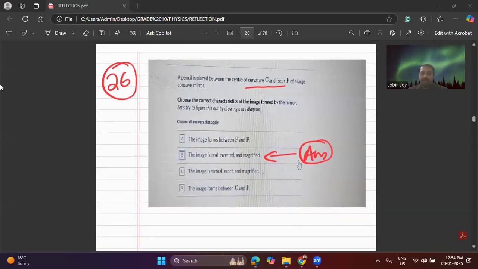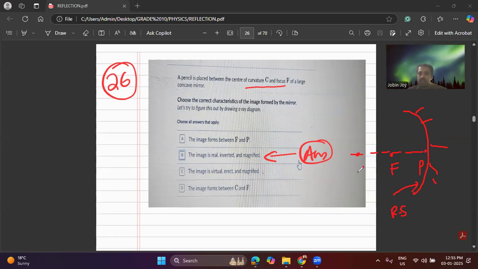Then another question is, a pencil is placed between the center of curvature C and F of a large concave mirror. Okay, so I will be drawing a concave mirror. Here is the reflecting surface, and this is the pole P, focus, and center of curvature.